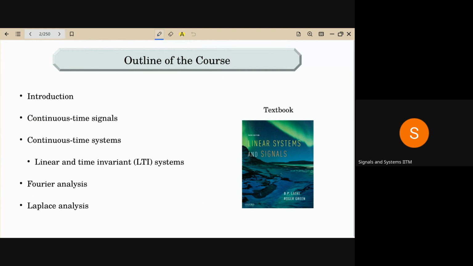If you can write a Python code or a MATLAB code where you can generate an arbitrary signal, compute its Fourier transform or its Laplace transform, and then plot its pole-zero plot, or plot its spectrum and do some time scaling, time shifting, all these operations that you study, the implementation and simulation give you a much better understanding than simply solving one or two problems from the textbook. So I would strongly recommend writing your own code in Python or MATLAB for every single concept that you studied.